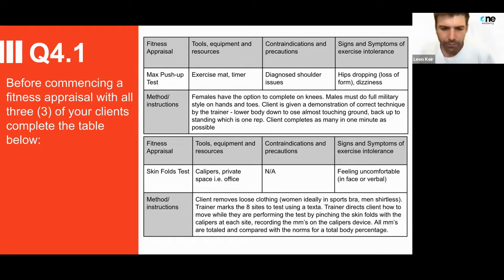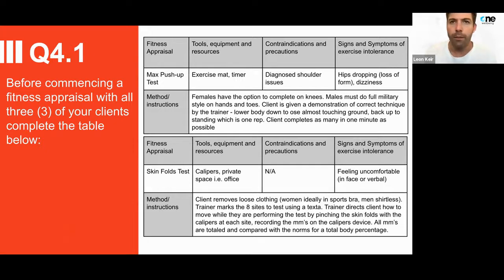All right, so skin folds is the next one. With skin folds, guys, there's a million different ways that you can do it. When I was a PT, I did skin folds over 4 sites. So I would do skin folds over the bicep, the tricep, the iliac crest, which is kind of to the side of the stomach, and then I would do the stomach itself.